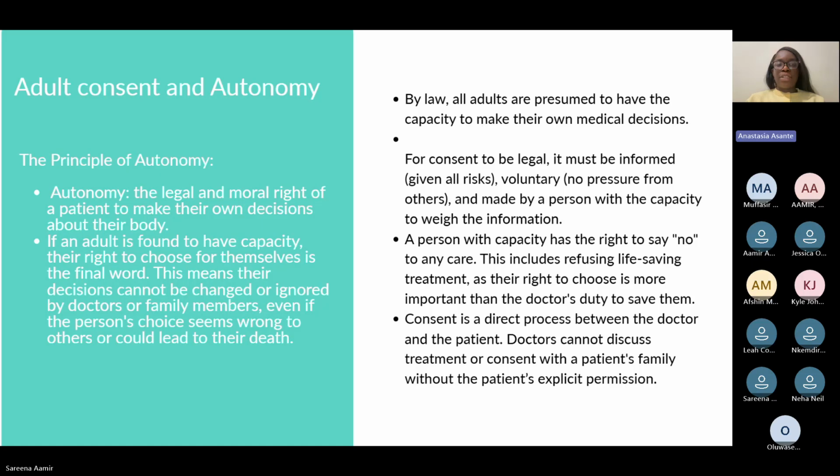So if an adult is found to have capacity, which is really important, they have the right to choose for themselves, and whatever decision they make is the final word when it comes to their treatment or healthcare. This means that their decisions cannot be changed or ignored by doctors or family members, and even if the person's choice may seem wrong, doctors, healthcare professionals, or anyone in their family cannot override that.